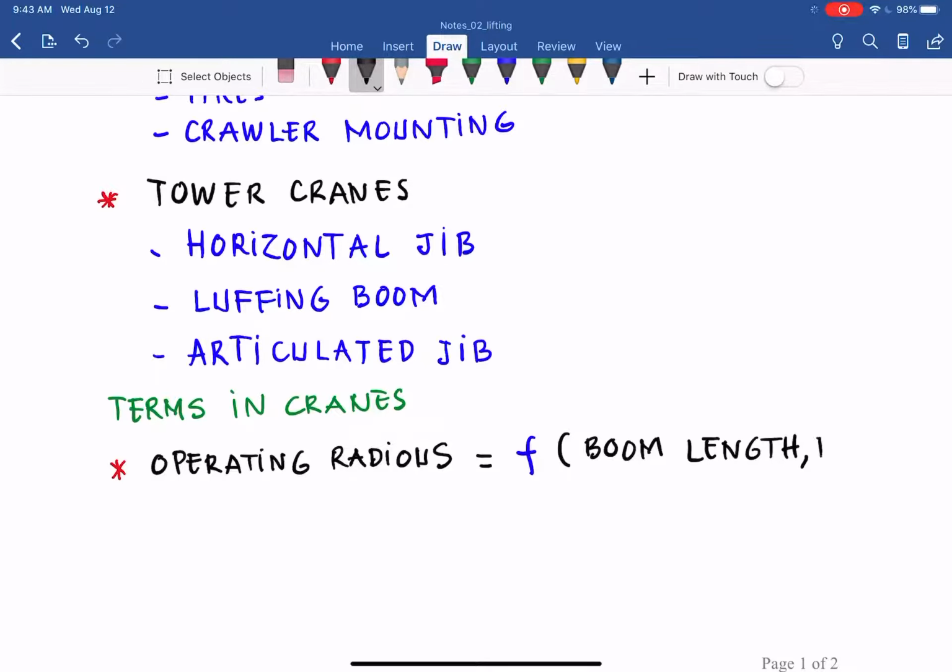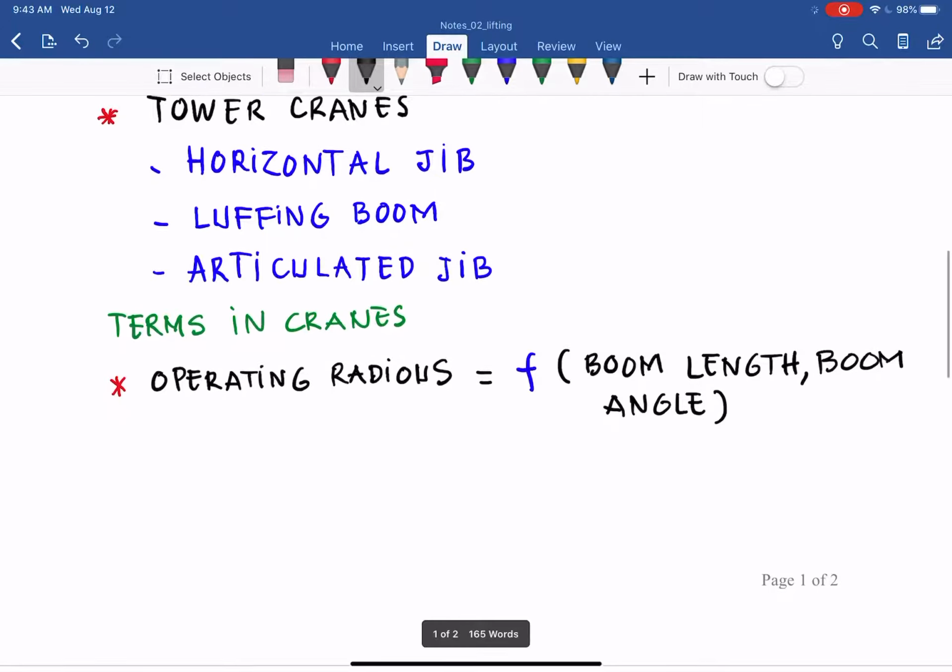So that is the boom angle. Those are the two things that determine the operating radius, and of course, if you think about the geometry of that, that is the operating radius. The crane, whether it includes the outrigger or not, also affects the load that it can carry.